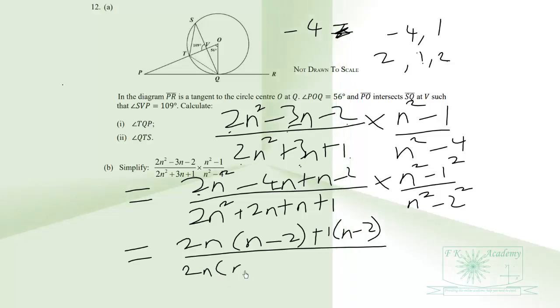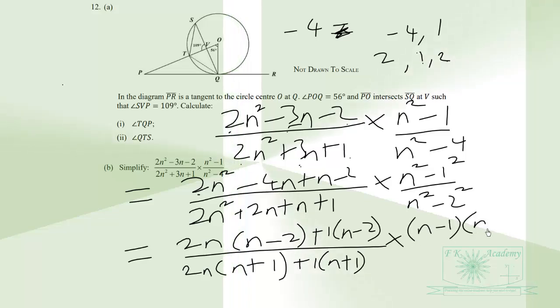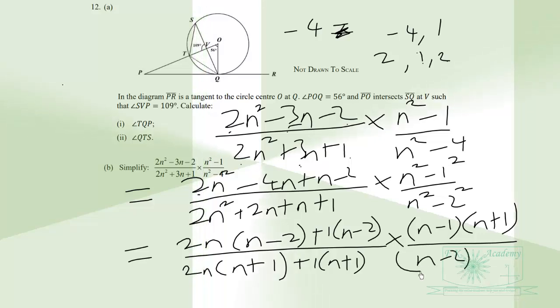Then we have n plus 2, n plus 1. Then again, we have plus 1 into bracket n plus 1, times, this time a difference of 2 squares, so we have n minus 1 times n plus 1 over n minus 2 times n plus 2.